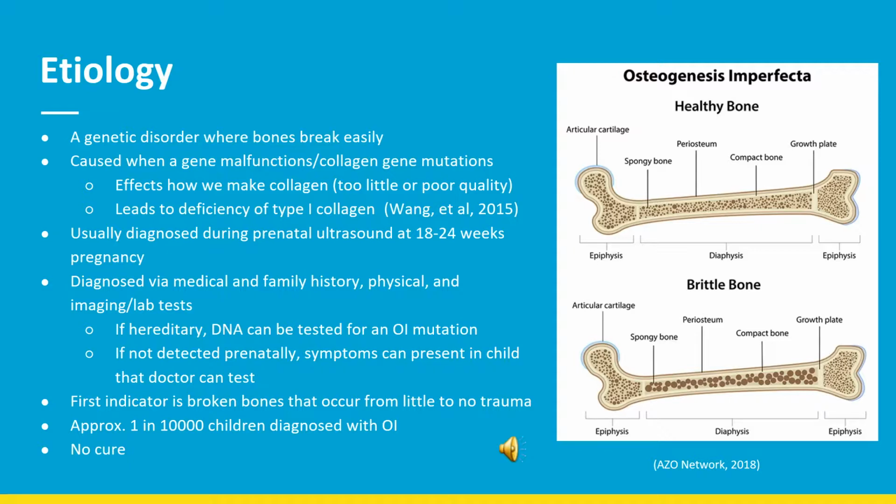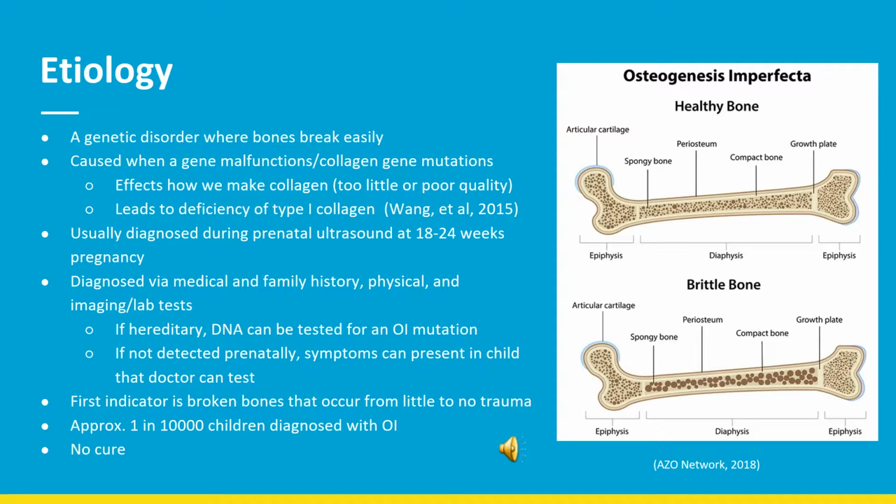Okay, I'm going to talk a little bit about the etiology of this condition. So this is a genetic disorder where bones break very easily. It's also called brittle bone disease because of this. The term osteogenesis imperfecta literally means bone that is imperfectly made from the beginning of life.